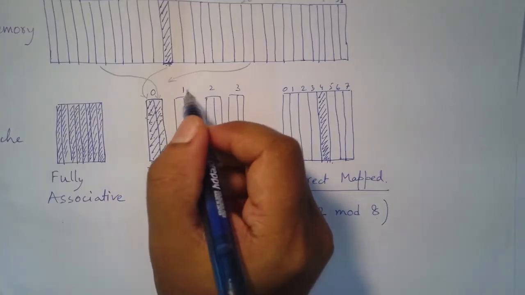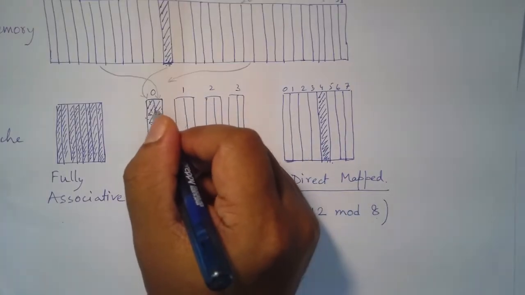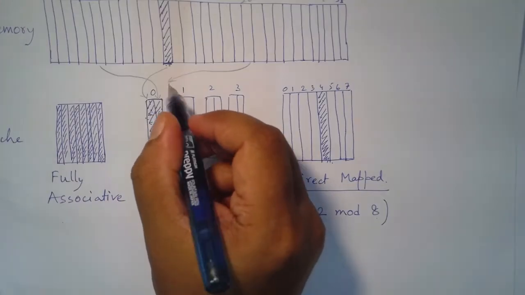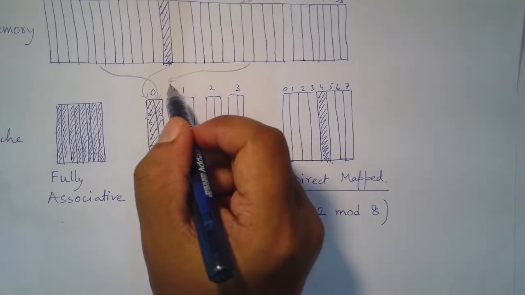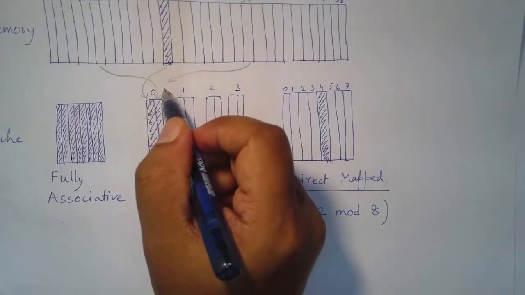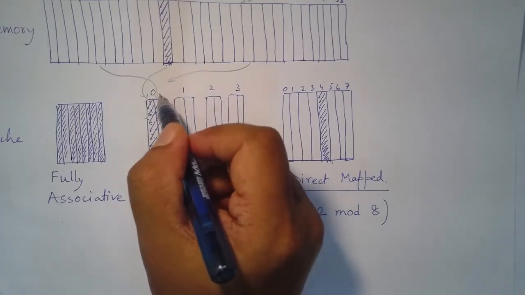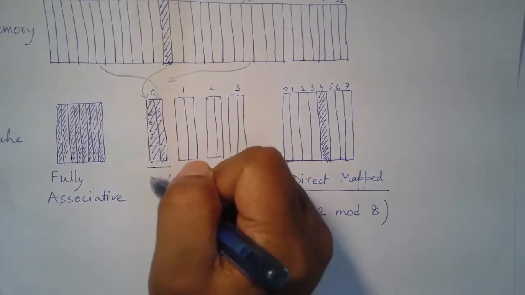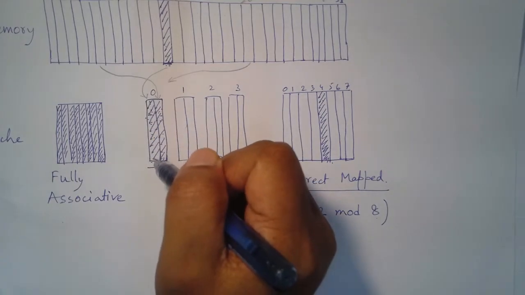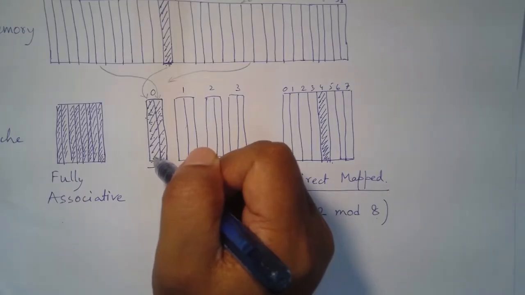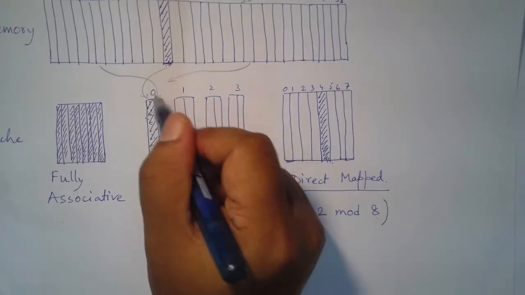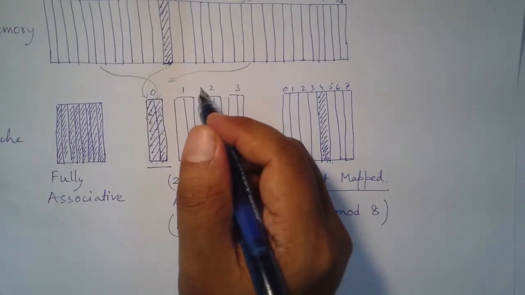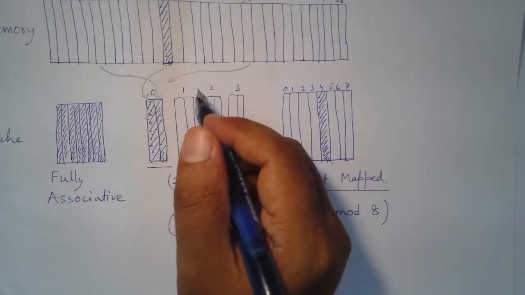Now, this actually is very easy to implement, and it also tries to make sure that all the blocks which you are bringing in remain in the cache for a certain duration, because every block will remain there for a specific period, because it is first in first out.